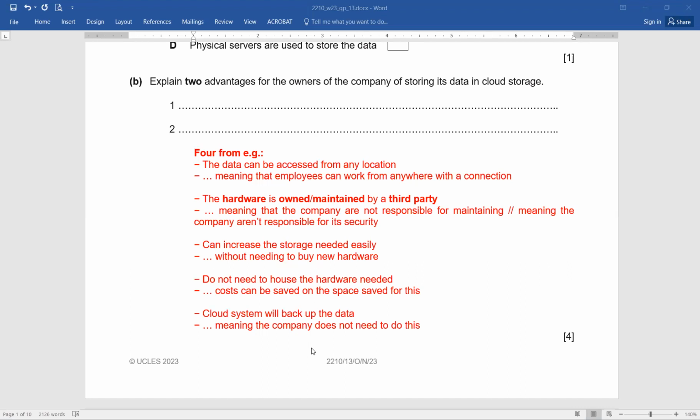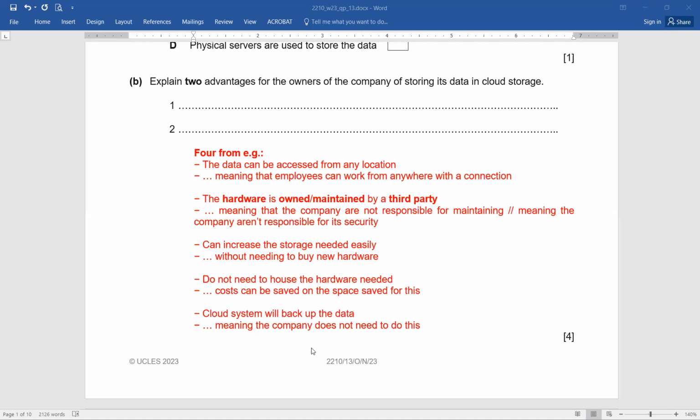The hardware is owned and maintained by a third party, meaning that the company is not responsible for maintaining the security of the hardware also. So hardware owned and maintained by a third party will be 1 point, and the reason is that you as company owner are relieved from the cost and all the security that is incurred in maintaining all the data also.